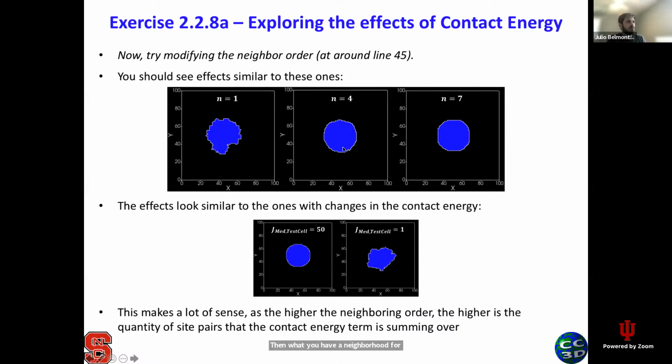So why does this happen? While you think about why this happens, you may also notice that those results seem to be equivalent to the results that we had when we decreased the contact energy of the cell with the medium. And this one seems to be equivalent to what happened when you increase the energy of the cells with the medium.